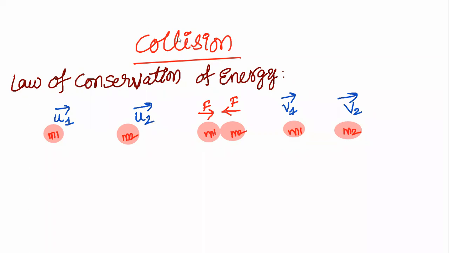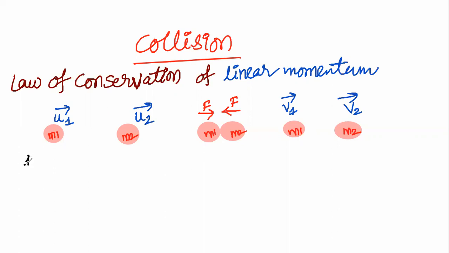According to the law of conservation of linear momentum, the total momentum of the system before collision is equal to the total momentum of the system after collision. m1 u1 is the momentum of the first body before collision.